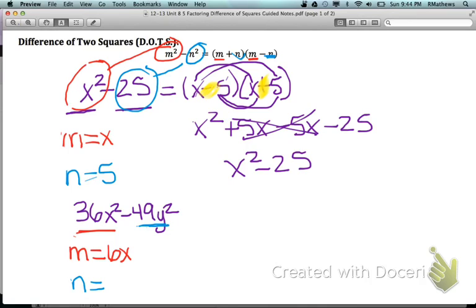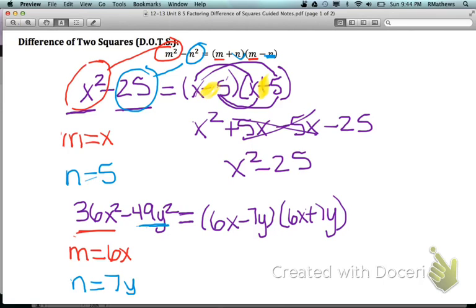The square root of 49 is 7, and the square root of y squared is y. So I can put that together and factor this binomial and say that its factored form would be 6x minus 7y times 6x plus 7y. And that would be the factored form.